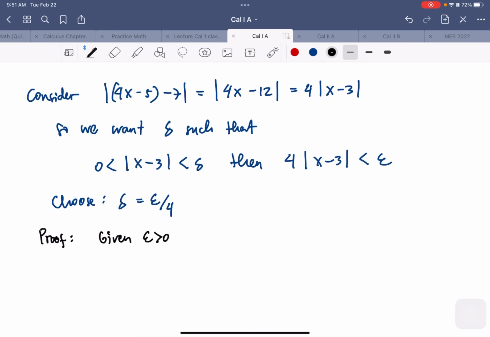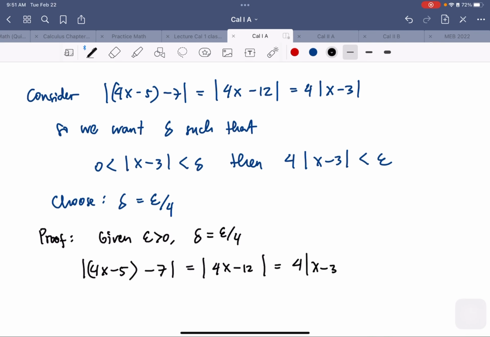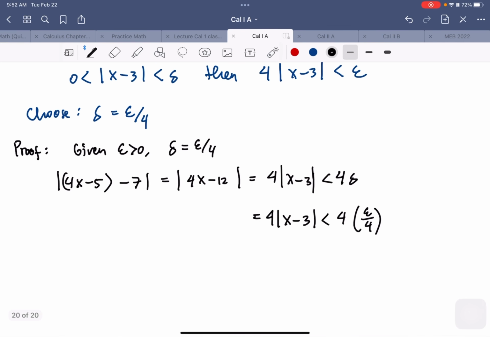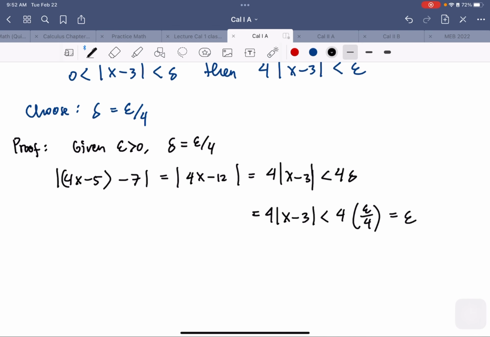Given epsilon is positive and delta is epsilon over 4 based on our correlations, we put it back into our original equation. This results in 4 times epsilon over 4, which gives epsilon.